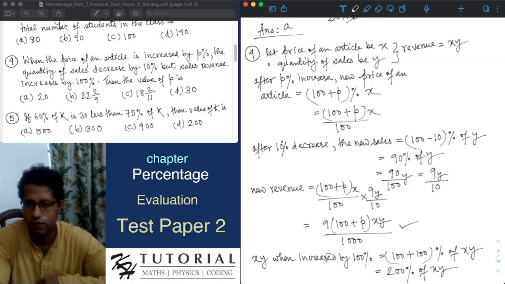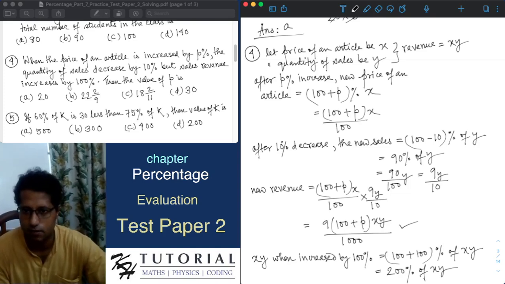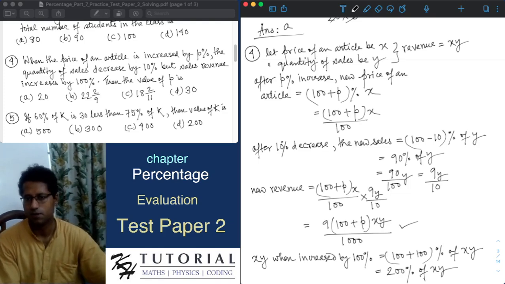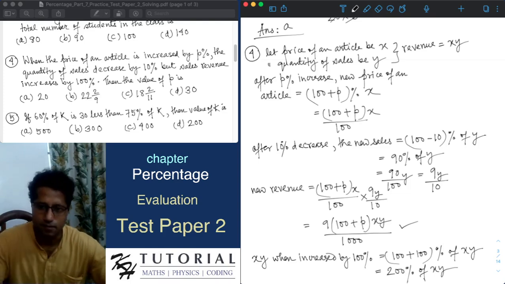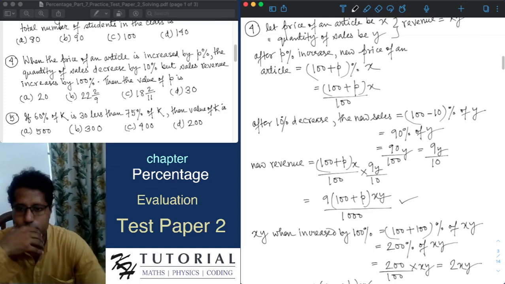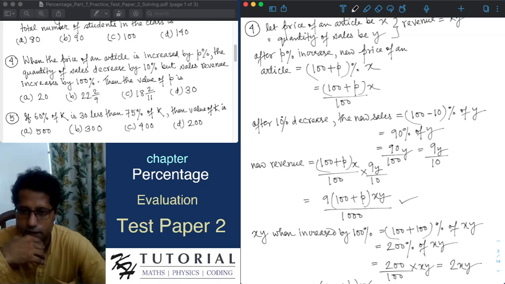So the new revenue is the new price multiplied by the new sales. So this is 100 plus P by 100 into X multiplied by 9Y by 10. This is equal to 9 into 100 plus P into XY divided by 1000.